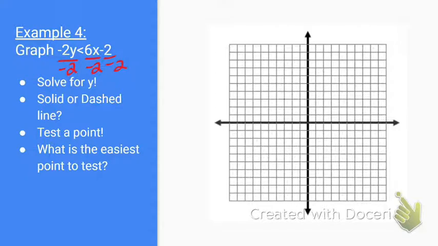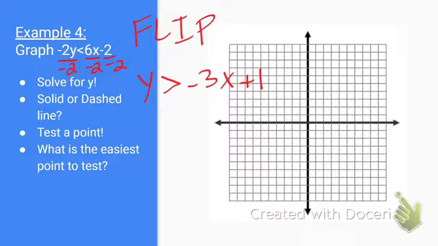You flip it. So now it's y is greater than negative 3x plus 1. So when you are solving for y and you have to divide by a negative, don't forget to flip your inequality when you divide by a negative.